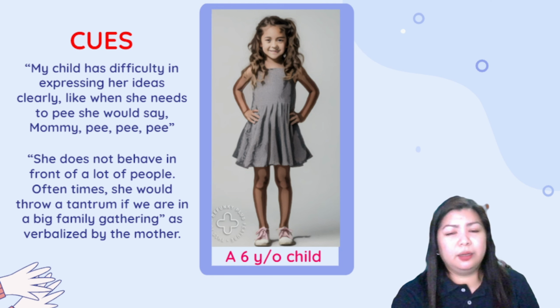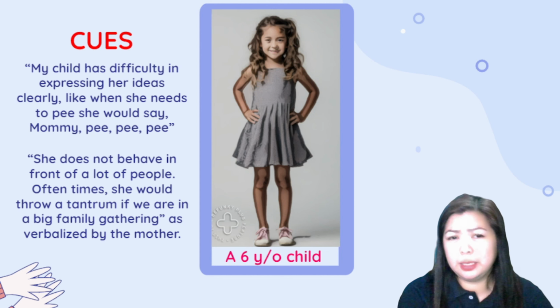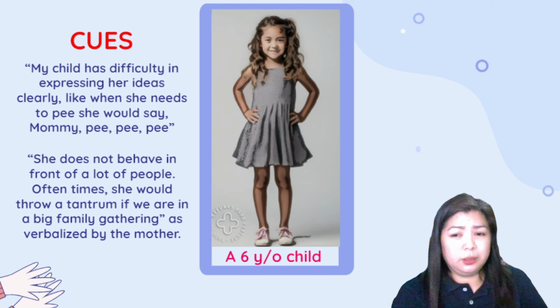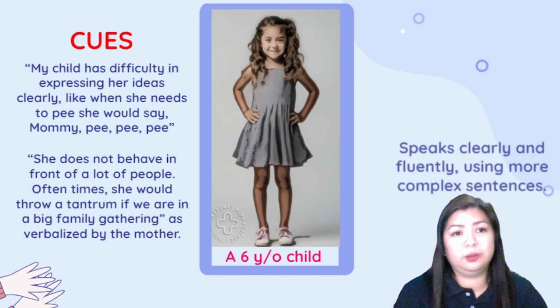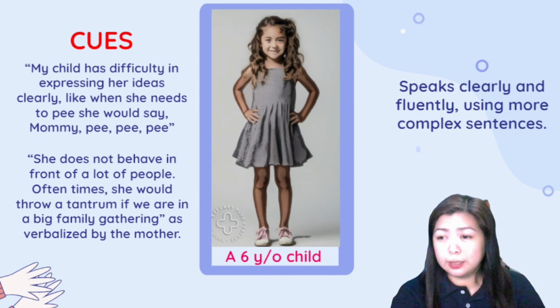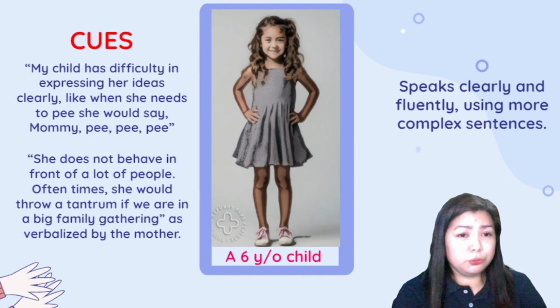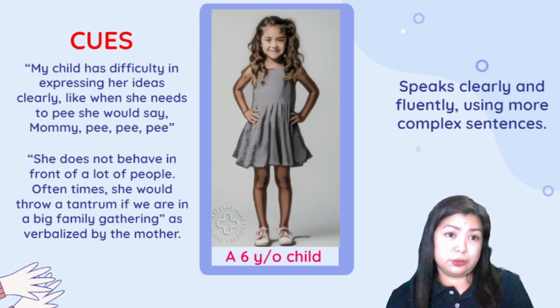Okay, now, when we say we compare our cues with a set of standards, what are the things that you normally observe in a child who is also 6 years old? Okay, a 6-year-old should be able to clearly and fluently speak using even more complex sentences than 2 or 3 words to express her thoughts.